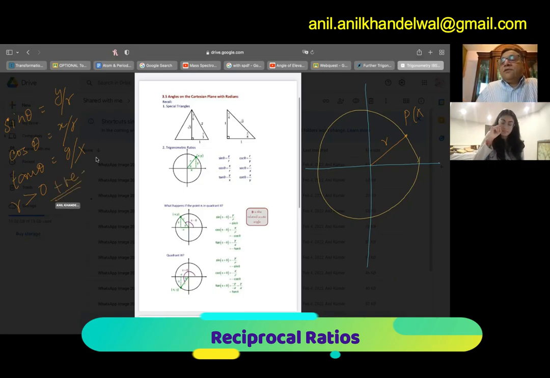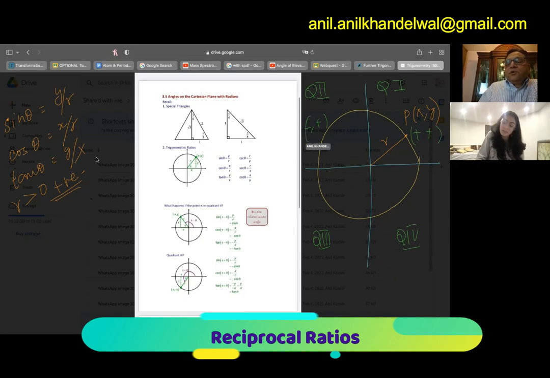But x and y could be negative, right? So if you look into different quadrants, let's say this is our quadrant 1, this is quadrant 2, here we have quadrant 3, and then we have quadrant 4. So you know x and y, they are positive here, correct? Here, x is negative and y is positive.